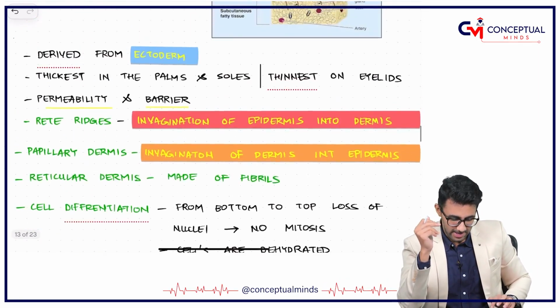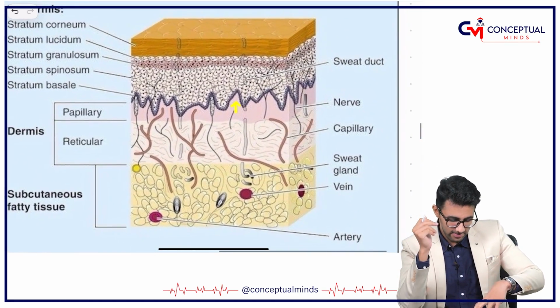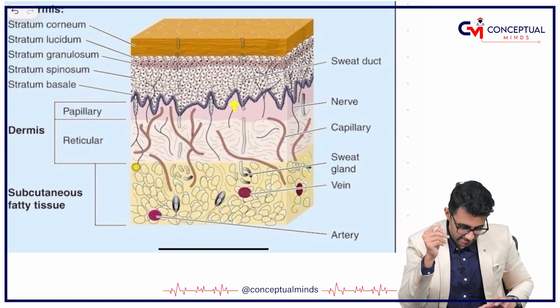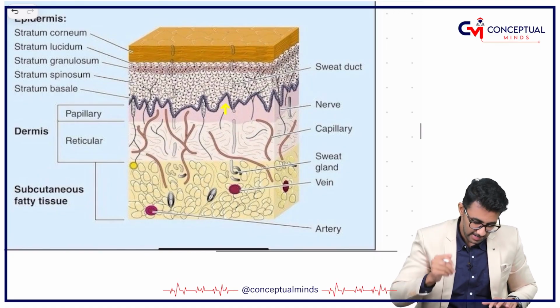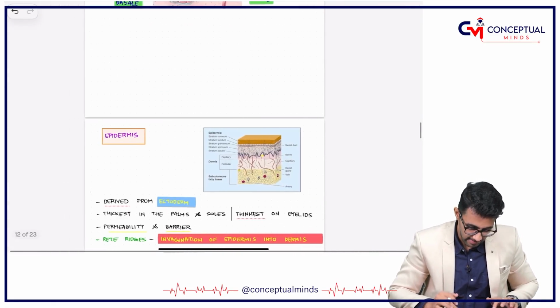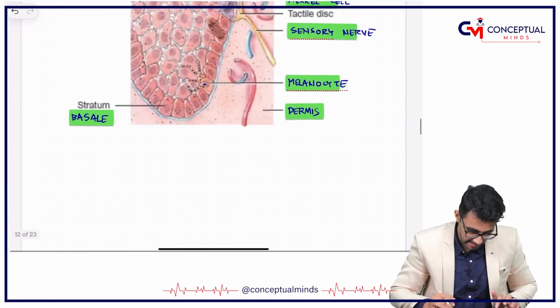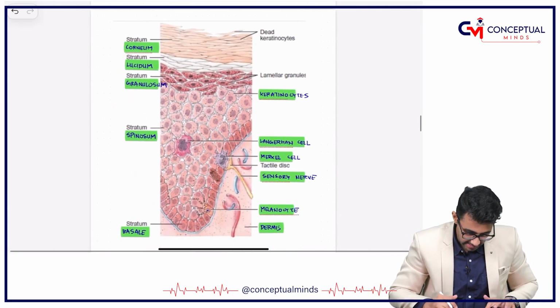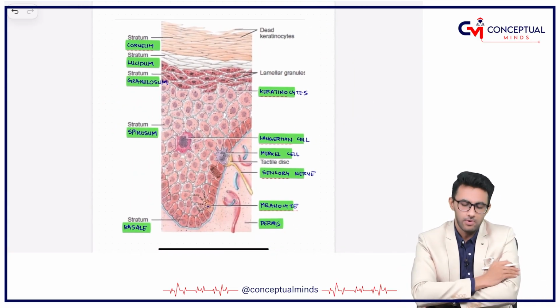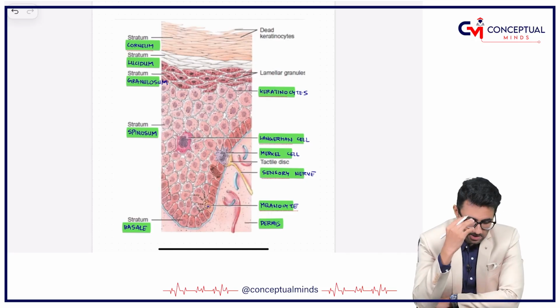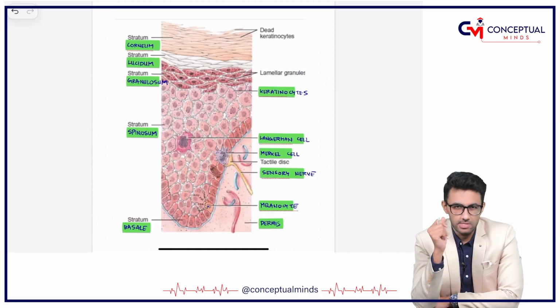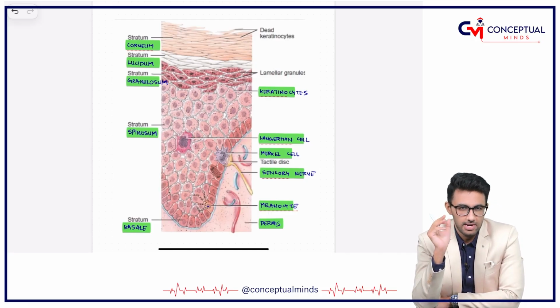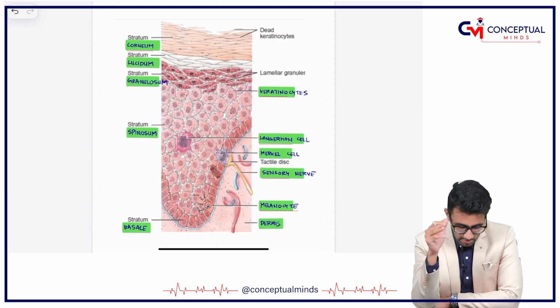Okay, alright, so let us come to this point right here. We come to the diagram again. So if you see in this diagram we just labeled, if I ask you a few questions, at the bottom in the stratum basale, do you think there is nuclei?